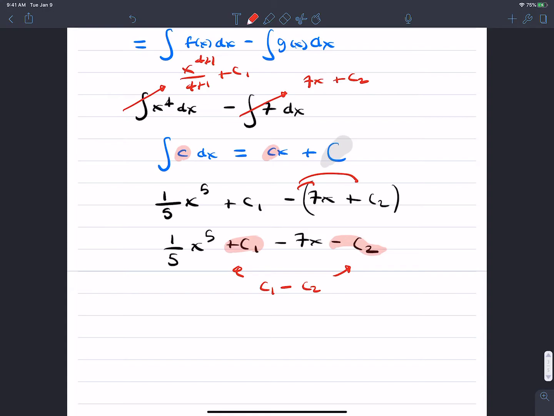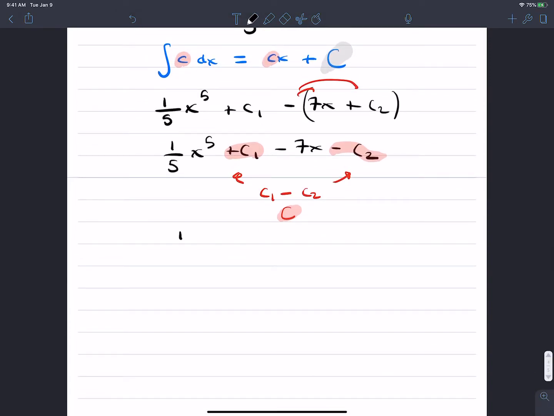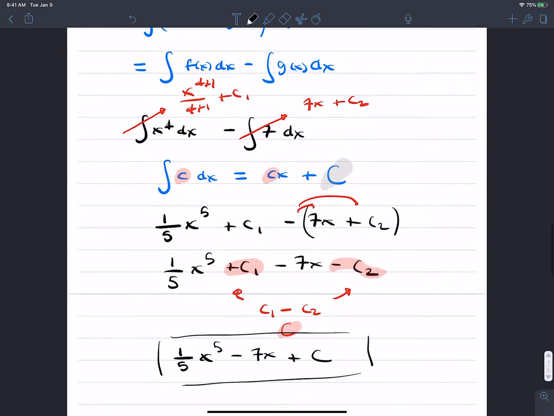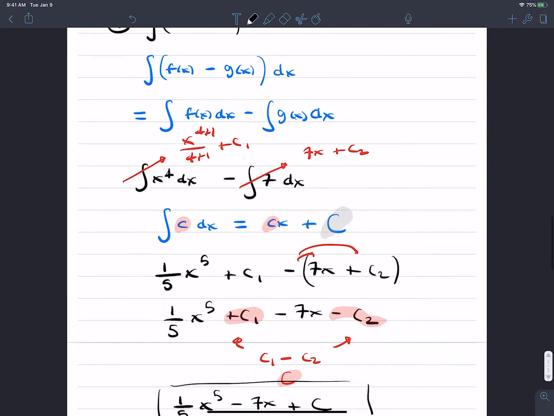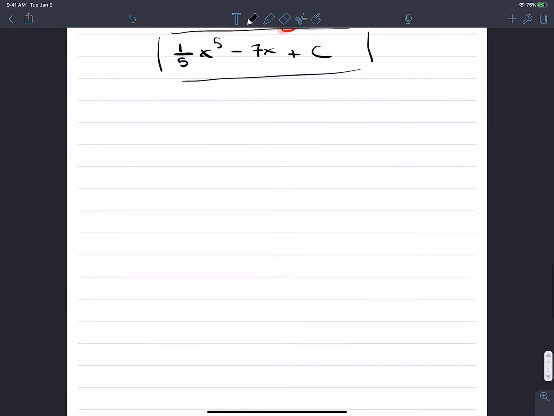You see this? You're just going to call that C for constant. So your final answer, ladies and gentlemen, will be 1/5 x to the 5th minus 7x plus that constant. There it is. Okay, so this is number 7. You guys okay with that one?